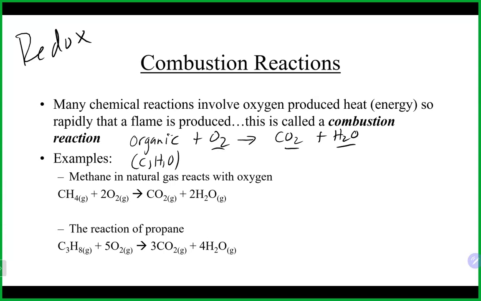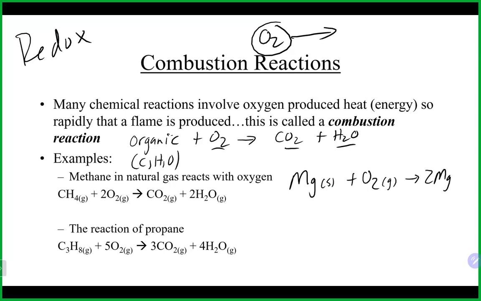So that is what most people are talking about when they talk about a combustion reaction. But ultimately, if it is a combustion reaction, you frankly only need O2 involved. For example, take an equation we saw a couple of times already: magnesium plus oxygen makes magnesium oxide, that white solid.